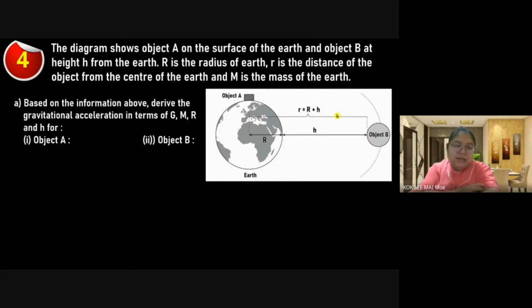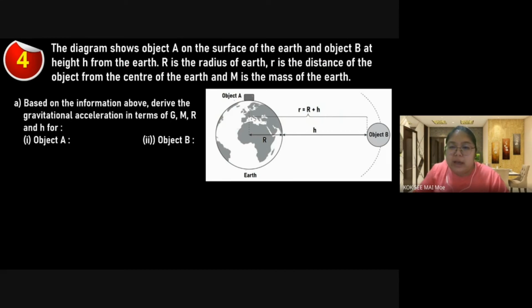Now you can check example 13. There are two objects, object A and object B. Object A is the Earth, and object B rotates around the Earth. Now they show object A on the surface of the Earth and object B at a height from the Earth.